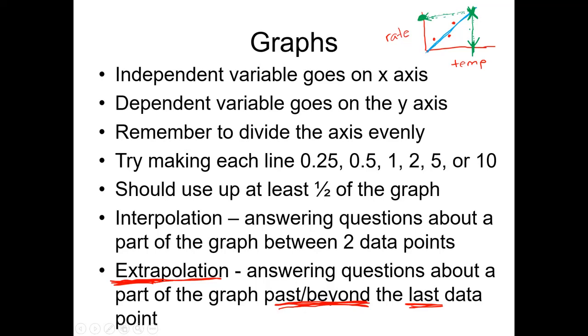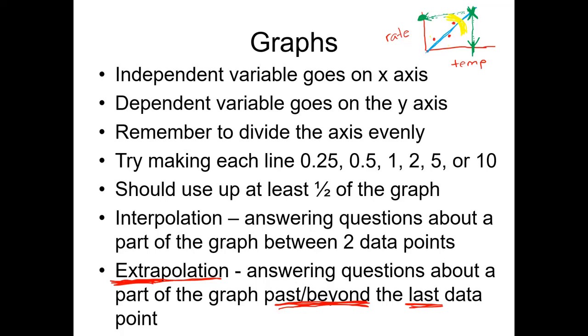Do you see how I'm using the graph to collect information about this experiment? Do you also see that I am collecting information on that graph that is beyond my last data point? This right here was my very last data point.